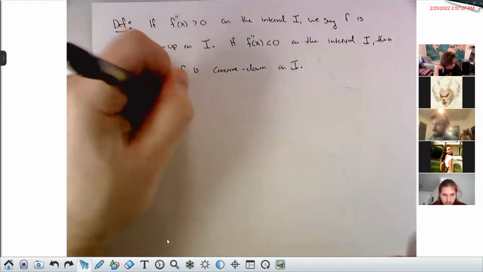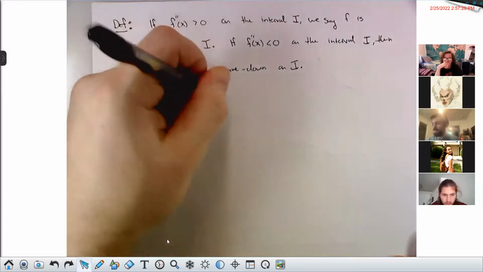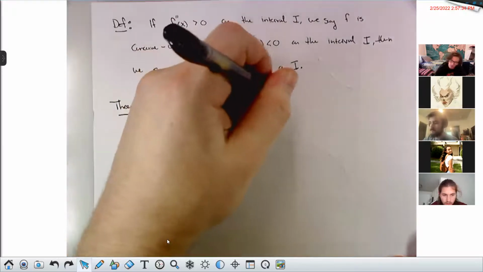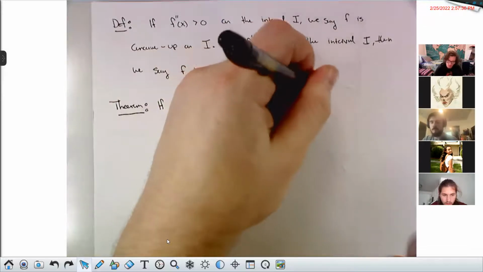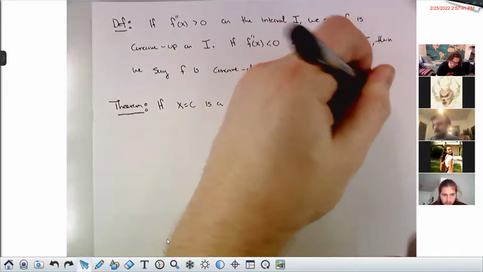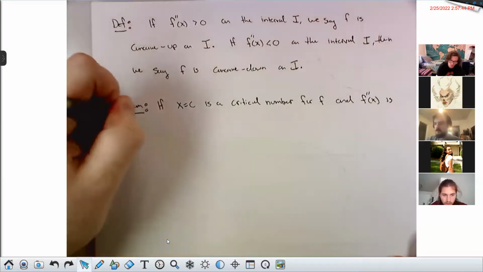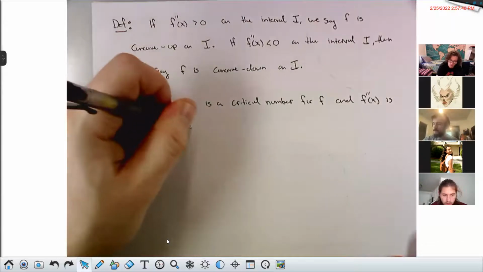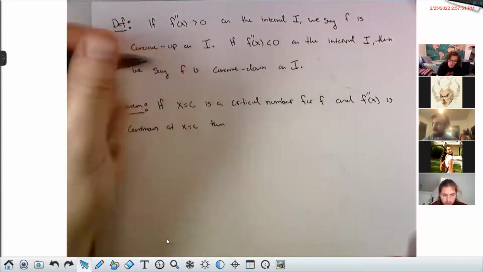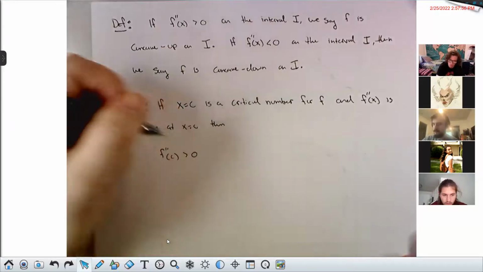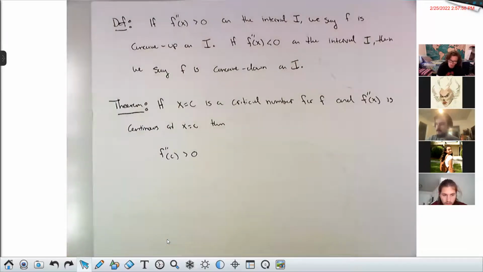If x equals c is a critical number for f, and f double prime of x is continuous at x equals c, then f double prime of c being positive means that f is concave up at c.